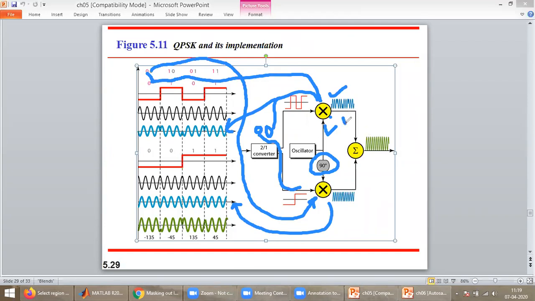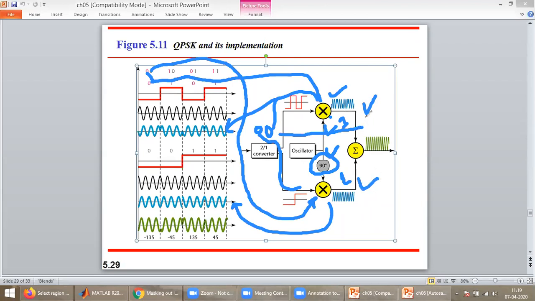The first binary phase shift keying part is in phase. The second one is out of phase. Therefore here we are adding 90 degrees extra, so it will go out of phase. First one in phase, second one out of phase.